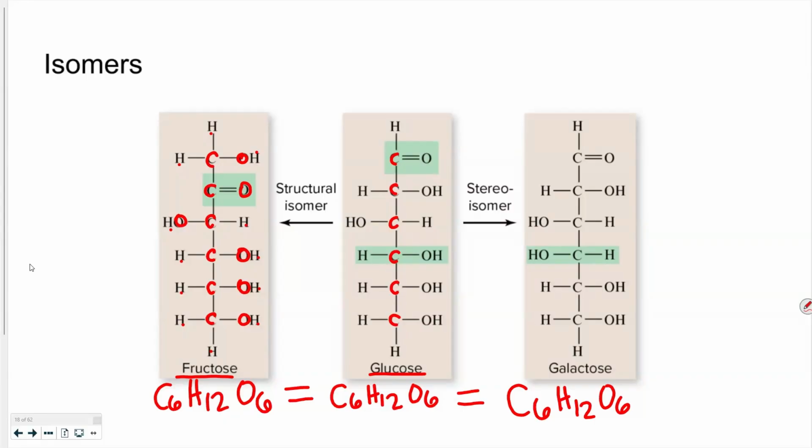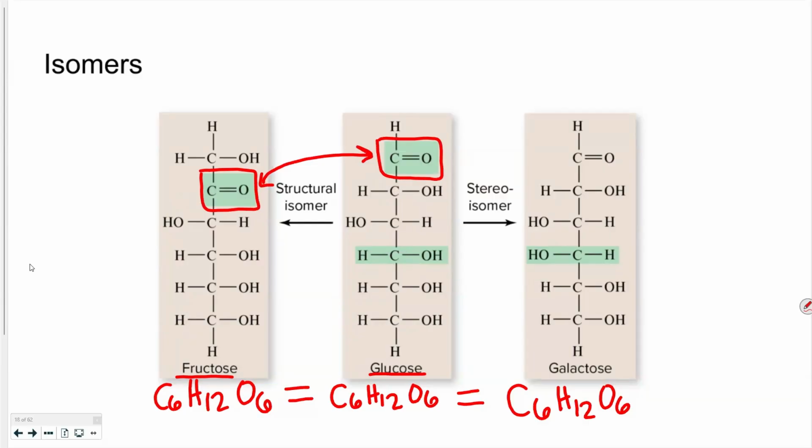But what we're going to see, if we look at these closely, is that they have all the same number of atoms, but those atoms are put together in different ways. So the difference between fructose and glucose is where this double bonded oxygen is on these carbons.